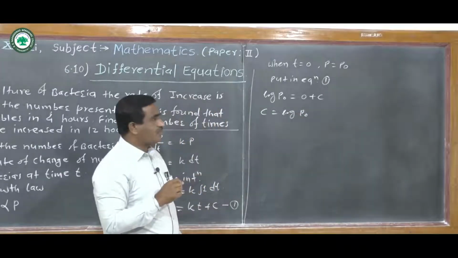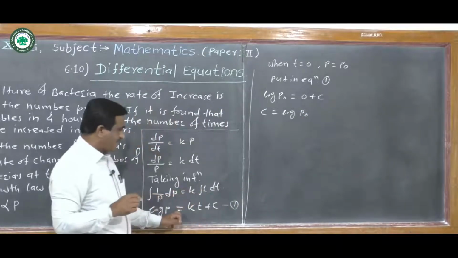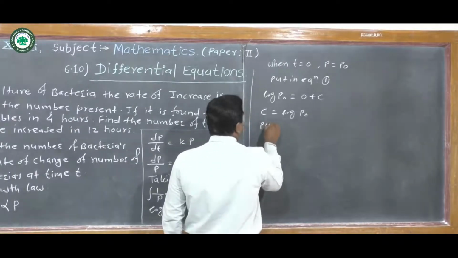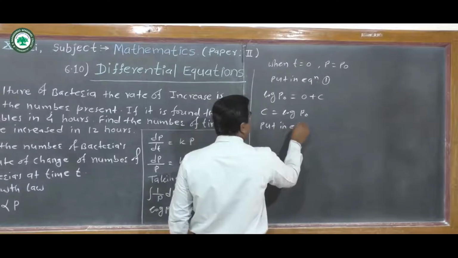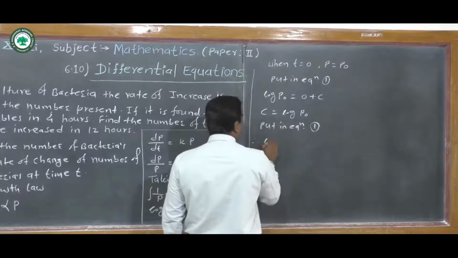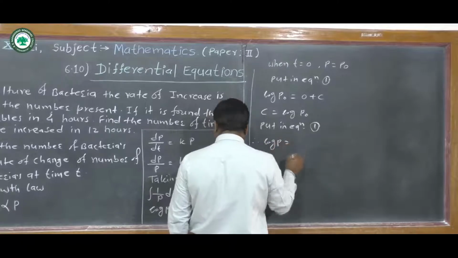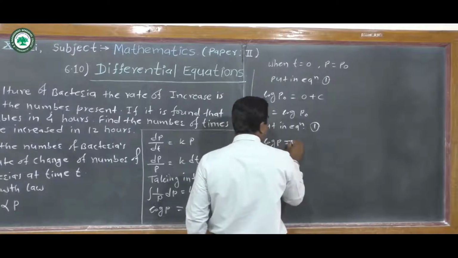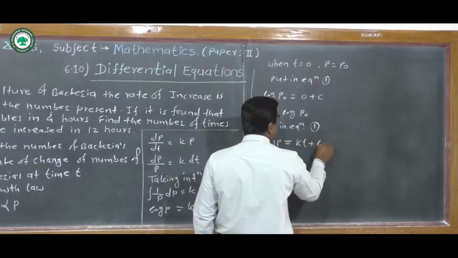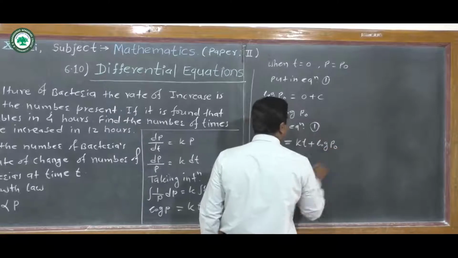Put this value of c in equation first. Therefore, log P is equal to Kt plus log of P0.